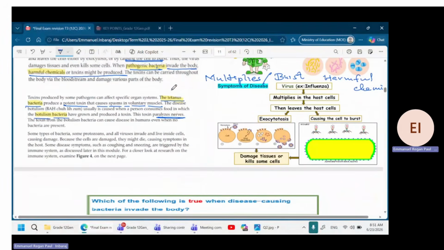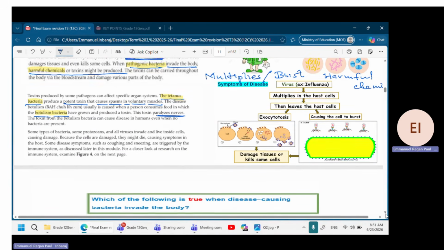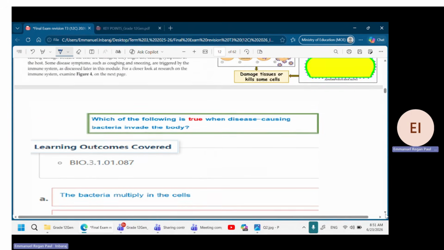Tetanus bacteria produces a potent toxin that causes spasm in the voluntary muscle. If they say a bacteria that paralyzes the nerves, then you should write botulism bacteria. Okay, don't forget. You see another question.